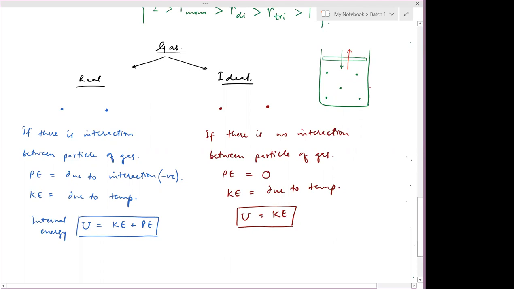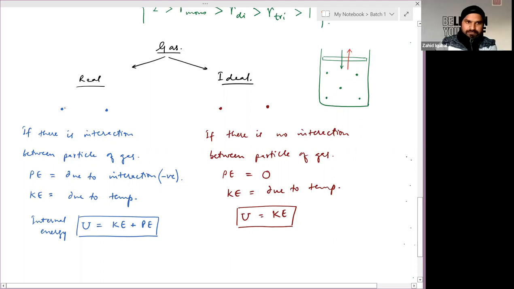Increase. Good. Now, this interaction or attractive force between any two particles is inversely proportional to their distance, like electromagnetic force, like gravitational force. So if you increase the separation between particles, the interaction between particles decreases.